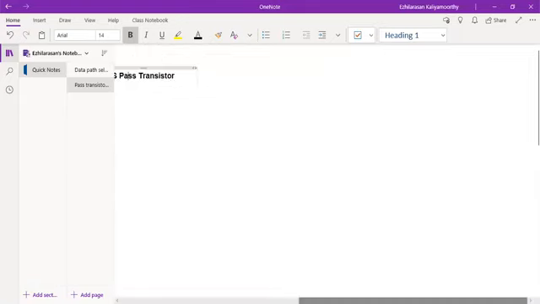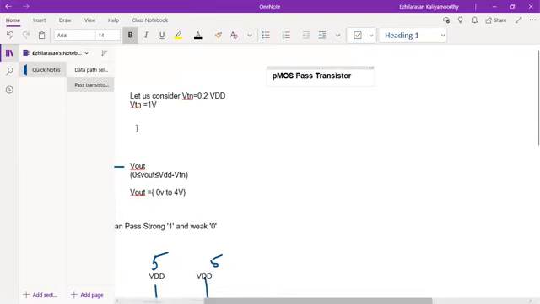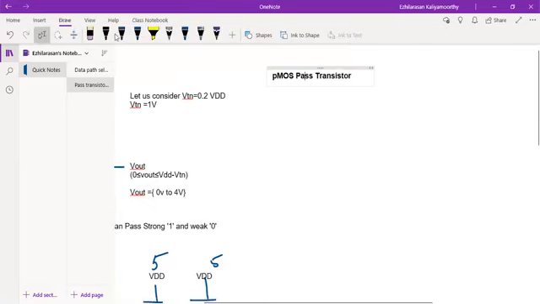Let us draw the PMOS pass transistor first.